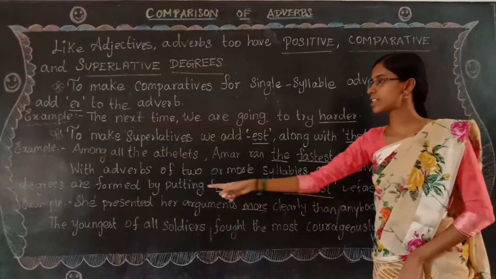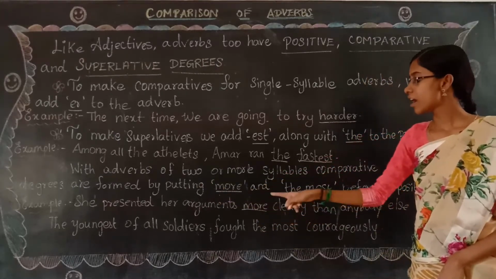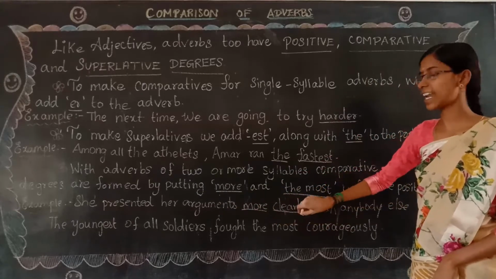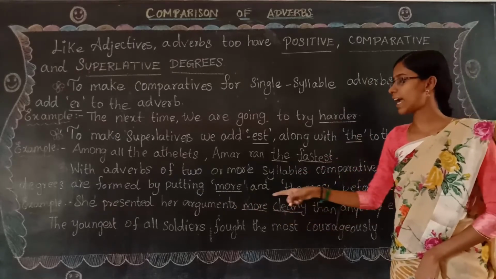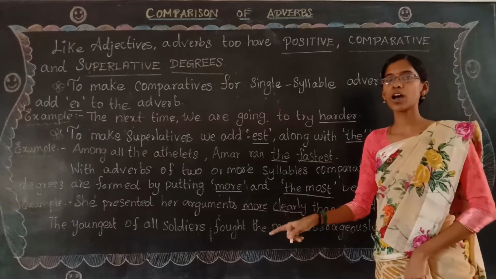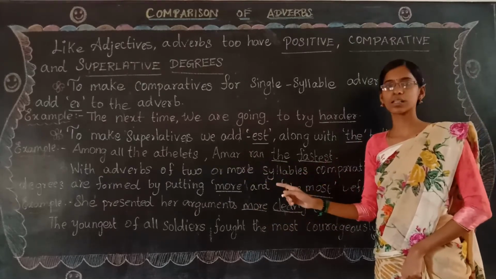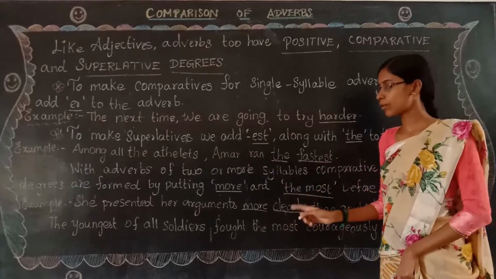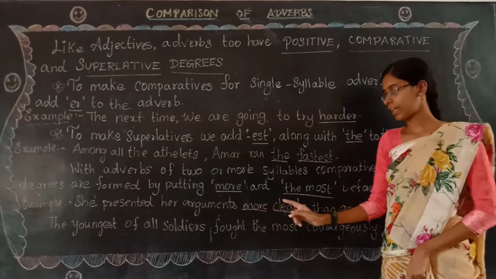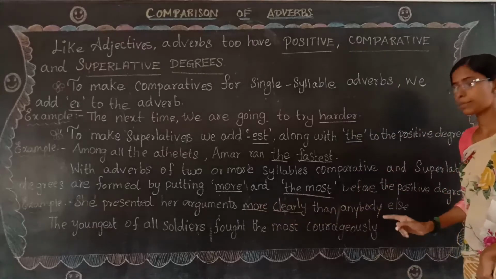So it is: she presented her arguments more clearly. Here clearly is an adverb. Before the adverb clearly we are adding more, because there is a rule that when we are referring to two or more syllables, we add more. Okay, more clearly than anybody else.